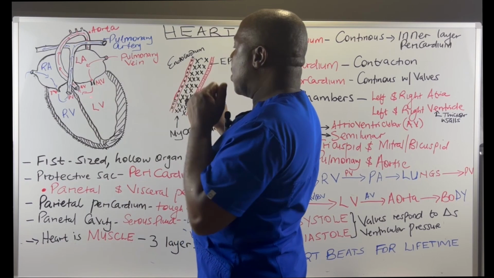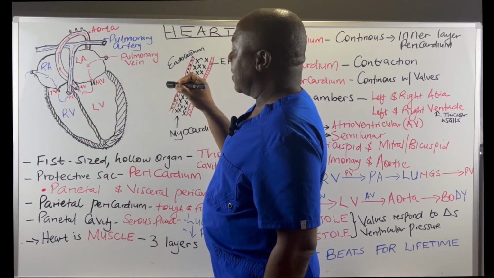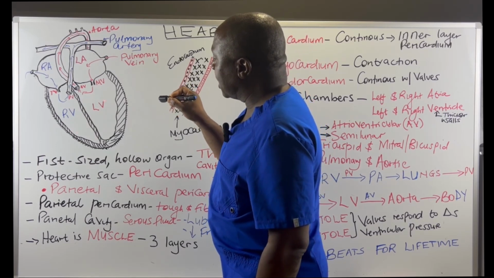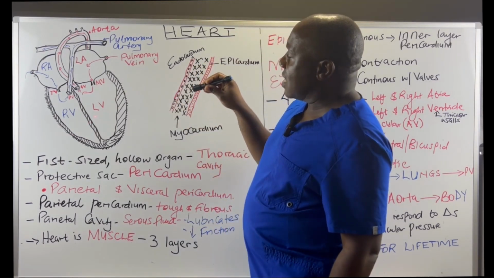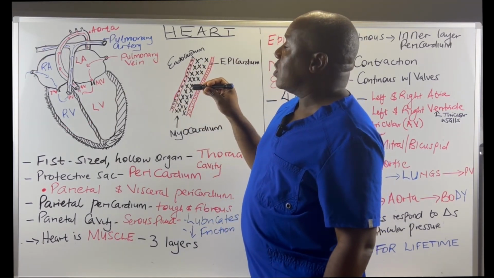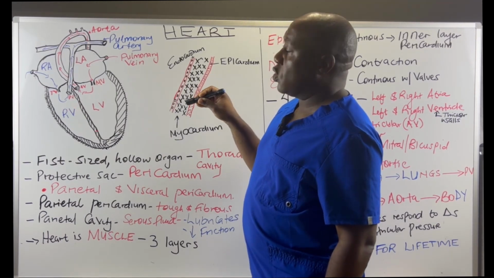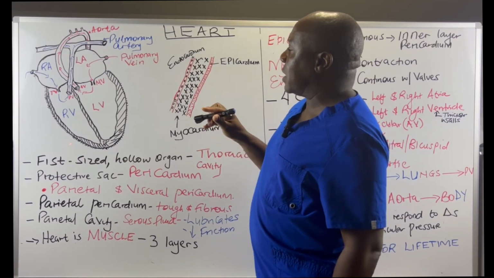Now, I want you to remember one thing, that the valves in the heart open and close in response to pressure changes within the ventricles. The pressure changes in the ventricles will cause the valves either to open or to close so as to regulate the flow of blood through the heart. And let's see how that happens.